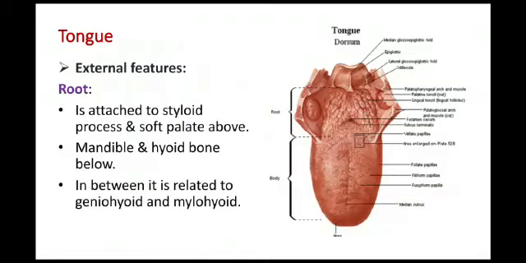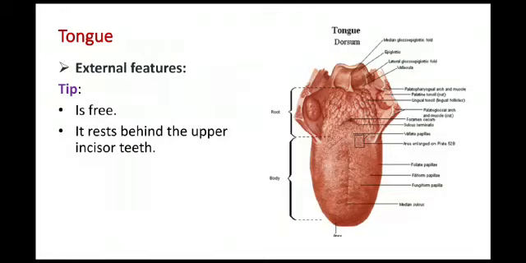Below it is attached to the mandible and hyoid bone. In between it is related to geniohyoid and mylohyoid. The tip is free. It rests behind the upper incisor teeth.